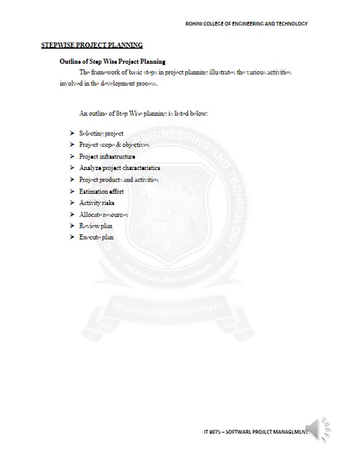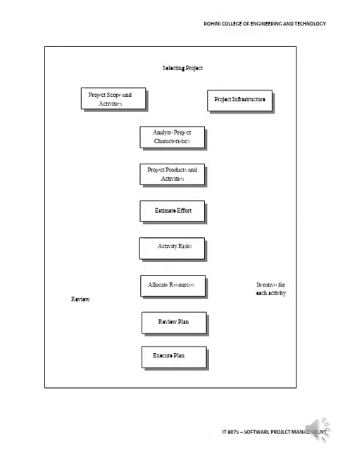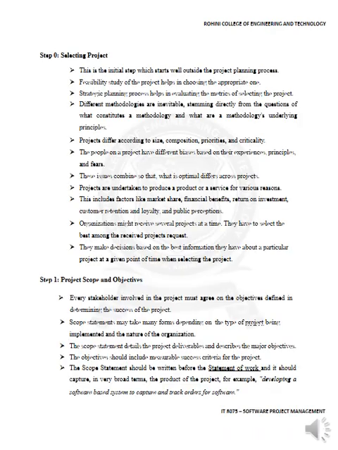Analyze the project characteristics, project products and activities, estimate effort, calculate activity risks, and allocate the resources for the project. Then you have to have the review plan and execute the plan. So the schematic is given: selecting the project, scope and objectives, project infrastructure, analyze project products and activities, estimate effort, activity risk, allocate the resources, review plan and execute the plan.